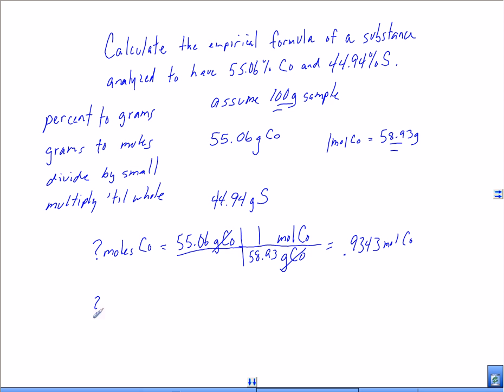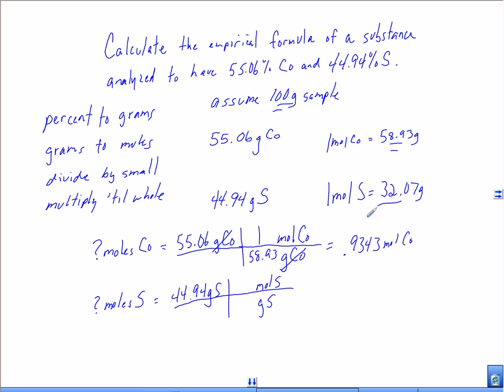Now what? Well, I've got to find moles of sulfur. So how many moles of sulfur do I have in 44.94 grams of sulfur? Now let's attempt to make our line again. Grams of sulfur on the bottom, moles of sulfur on the top. In 1 mole of sulfur, I look on the periodic table and I see that 1 mole of sulfur has a mass of 32.07 grams.